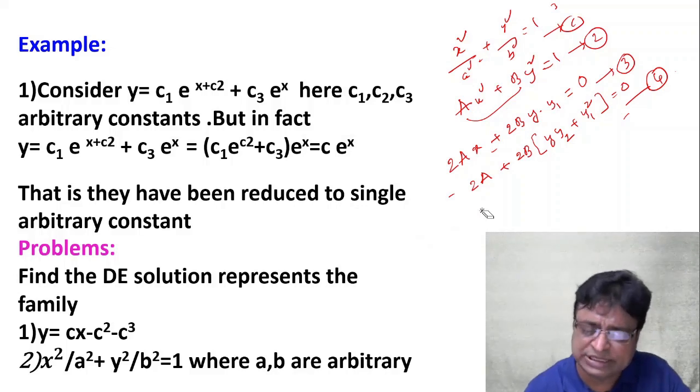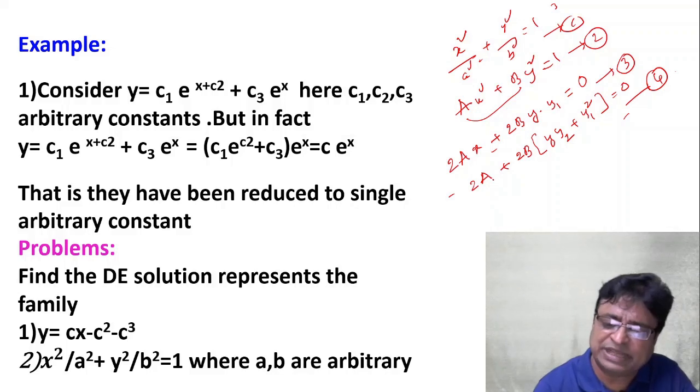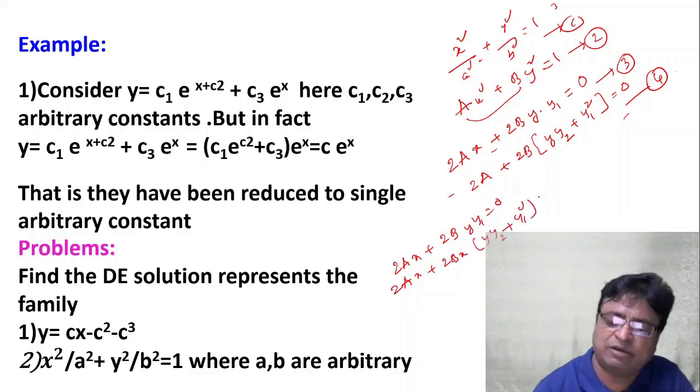Now from here, you just multiply this with x and then subtract. So 2ax plus 2b y y1 equal to 0, and this is 2ax plus 2bx into y y2 plus y1 square equal to 0.